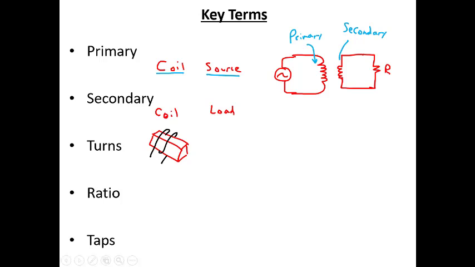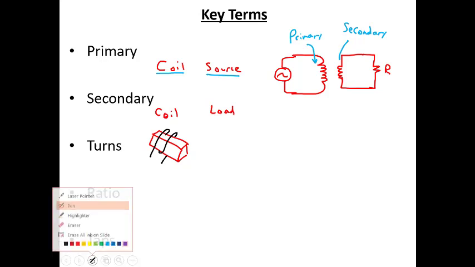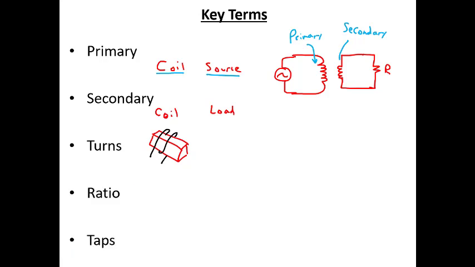Ratio, we're going to start talking about ratios. As we look at how the transformer operates, it's going to operate based on ratios. The way that I would usually think about this would be an example of two wheels connected by a belt. Let's say I have a wheel here, and then I have a bigger wheel here, kind of like a bike chain. And let's say that I drew these perfectly to scale, and this one has a diameter of 1, and this wheel has a diameter of 2.